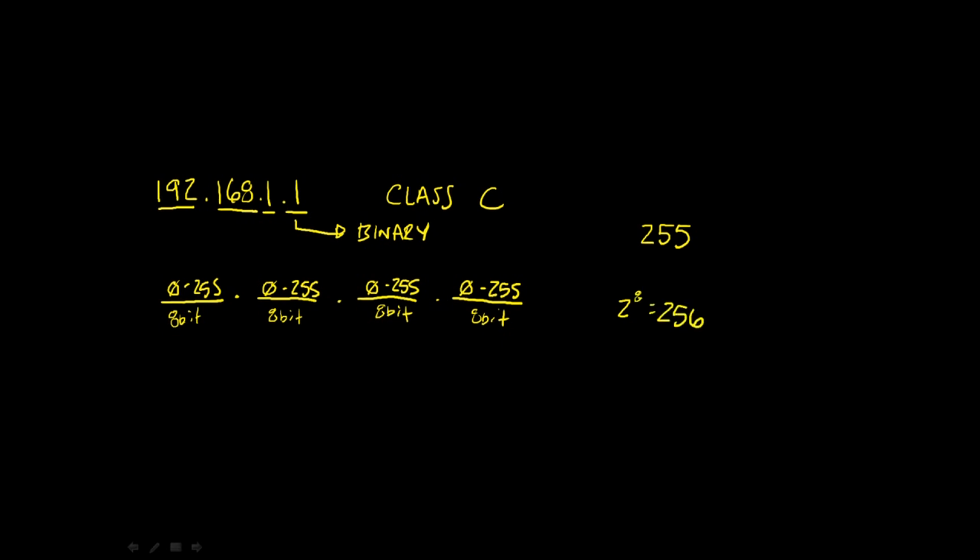And this is a range of 0, which counts, to 255. So it's a total of 256 numbers to choose from. So each of these is 8-bit, and it's no coincidence that we call each of these sections an octet. And so all of these together are referred to as octets.